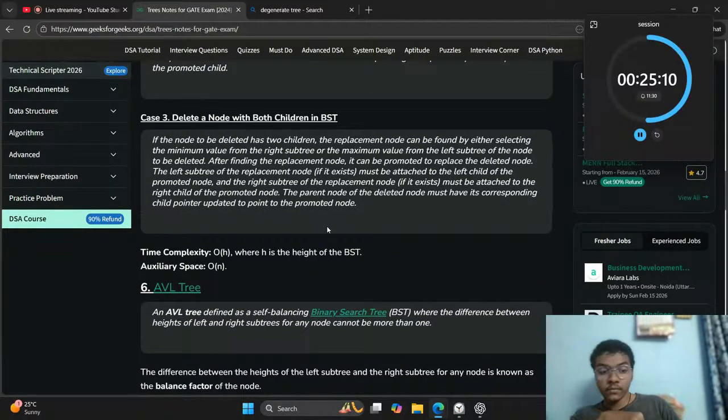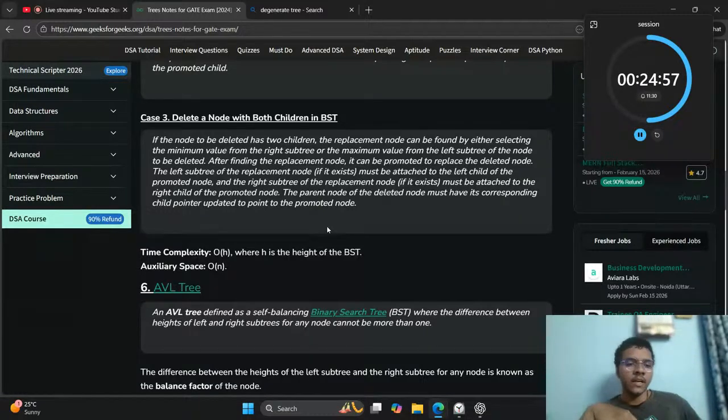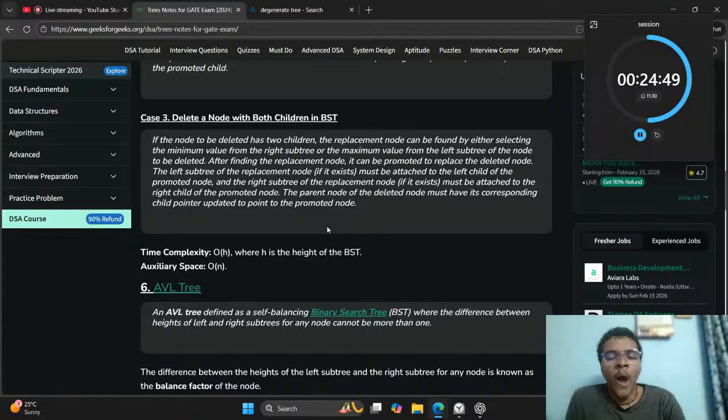Okay, these cases we have seen. Delete a node with both children in a BST. If the node to be deleted has two children, the replacement node can be found by either selecting the minimum value from the right subtree or the maximum value from the left subtree of the node to be deleted. This is actually called the inorder successor. After finding the replacement node, it can be promoted to replace the deleted node.